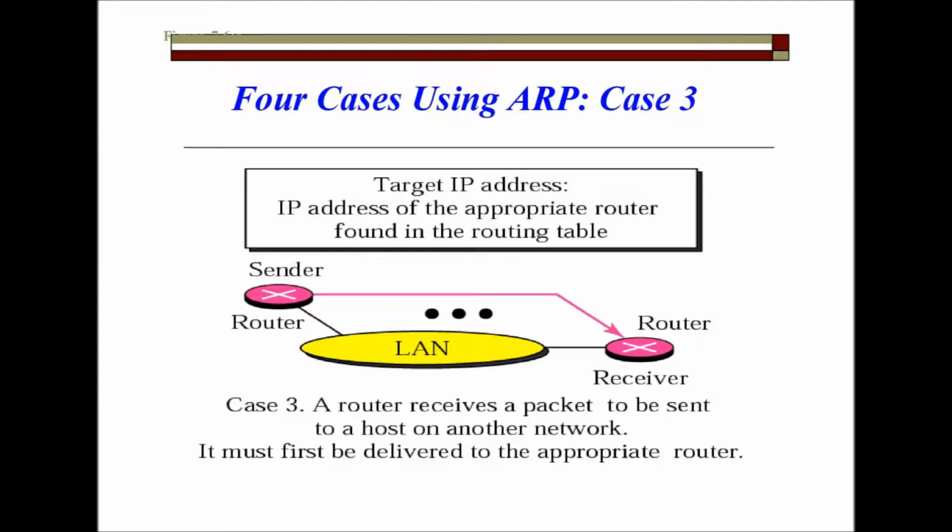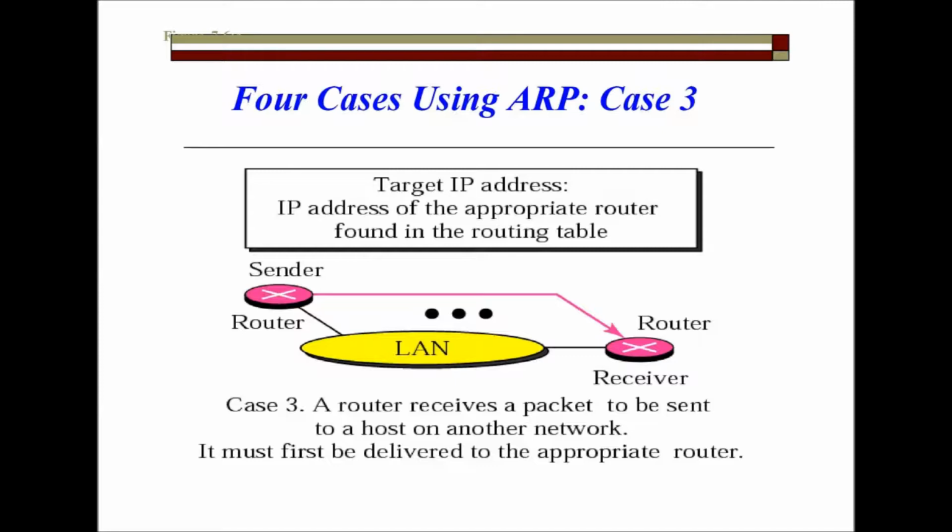So in this case, the communication between two router devices is done, and after that the router will forward the packet to the next router, and ultimately our packet will be received by the destination. But the important concept over here is that the sender and the receiver are both routers, because this is not the final destination, not the final receiver.